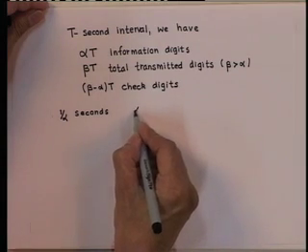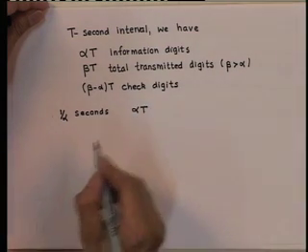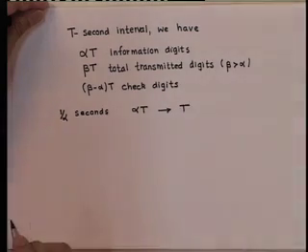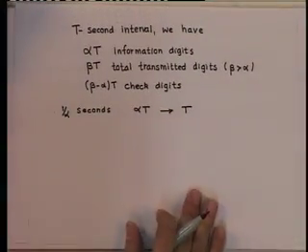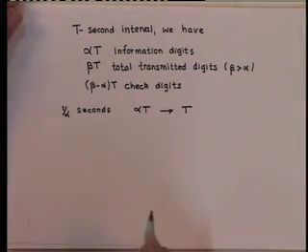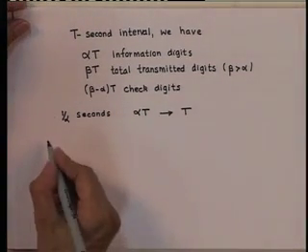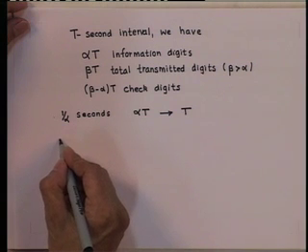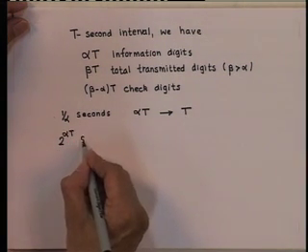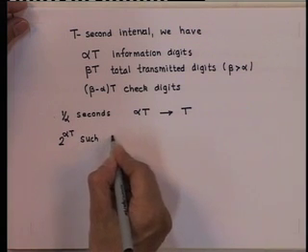we let alpha times t digits accumulate over t seconds. Now, consider this as a message to be transmitted. Therefore, there are a total of 2 raised to alpha t such super messages.